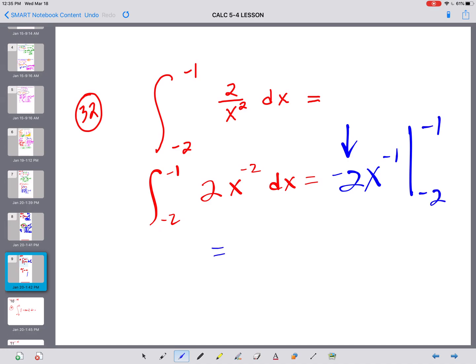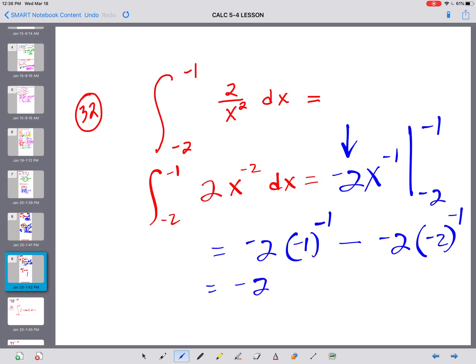Let's go ahead and plug it in. I'm plugging in -1 into -2x to the -1, minus plugging in -2. A -1 power just means 1 over. So I'm going to go -2 times 1 over -1, minus -2 times 1 over -2.